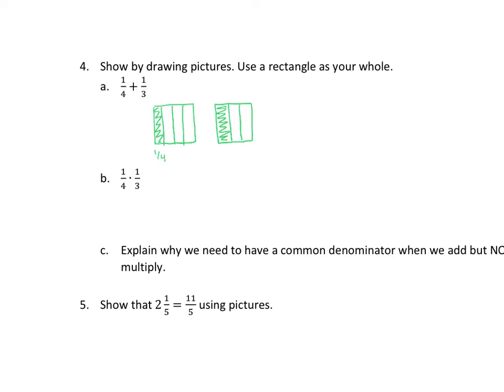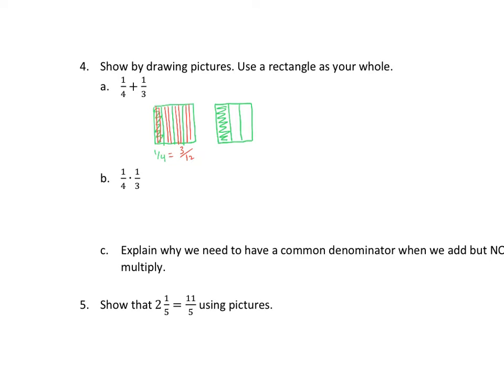So then the relationship I see between the 4 and the 3 is really a 12, but that could come from breaking each of these first rectangles into 3 equal pieces. And so if I'm going to break all 4 of those into 3 equal pieces, those are 12ths now, and I have 3 12ths.